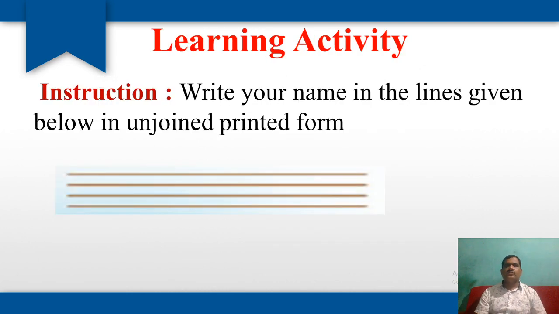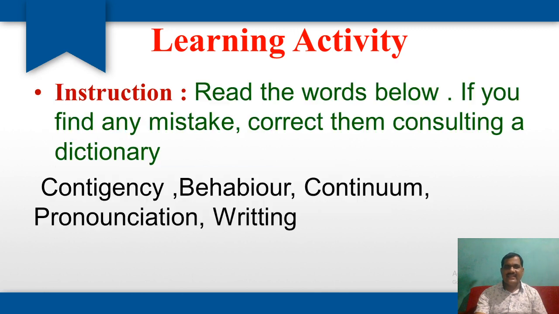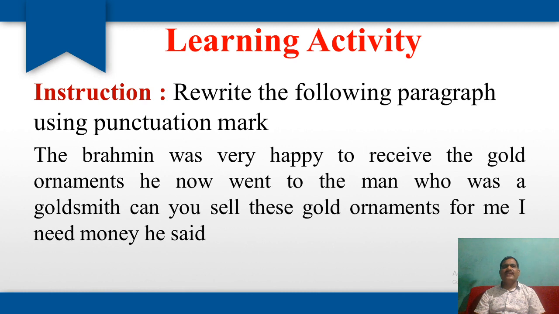Okay. So then for the next activity, you can instruct your learners to write their name in unjoined printed form. The next thing you can find here is that there are some words in which you can find some mistakes, that is, spelling errors. So correct these words by consulting the dictionary. Okay. Then the next activity you can find here is a paragraph.